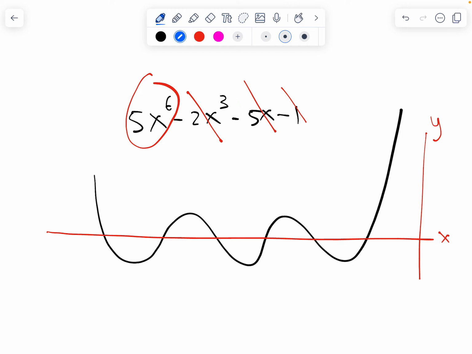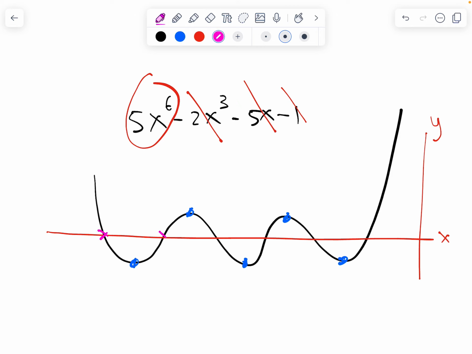So here we have a low, a high, a low, a high, a low. If we count them up, we have 1, 2, 3, 4, 5. Now that will be 1 less than the degree. So the first part of this question is the number of extrema is going to be 5. There are 5 extremas.